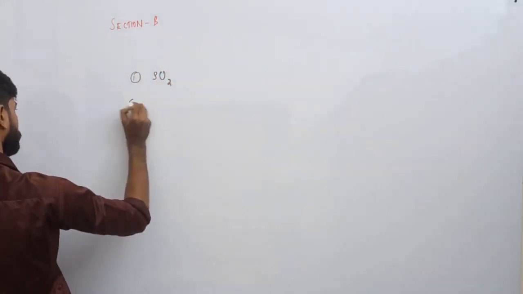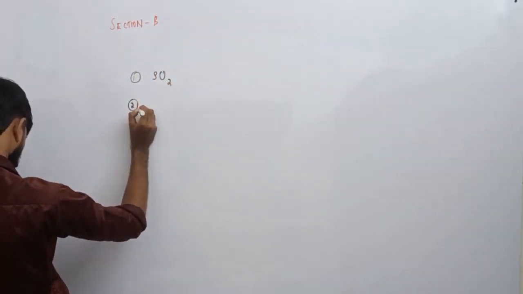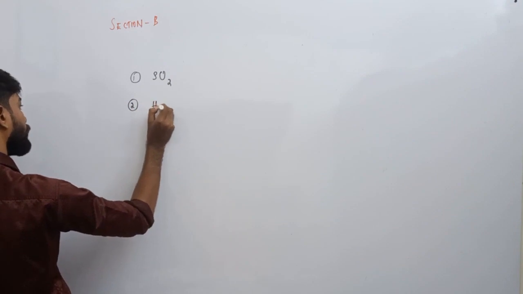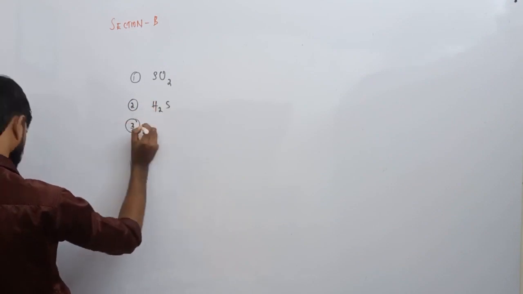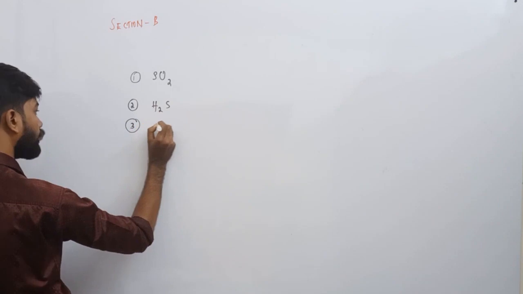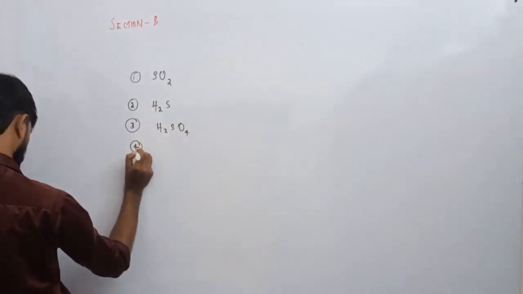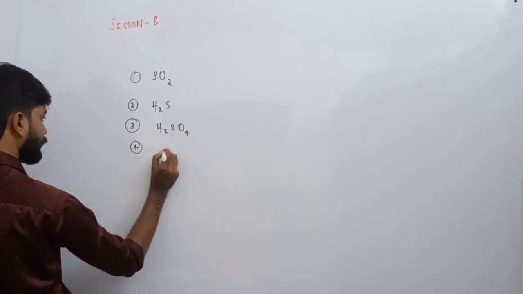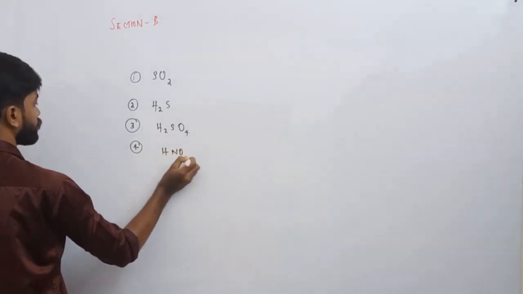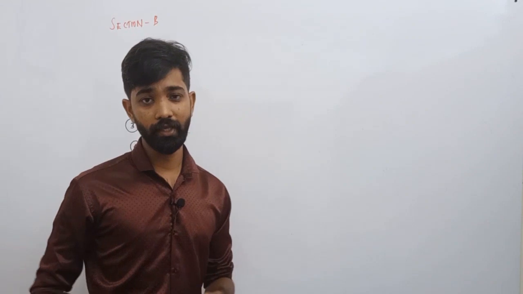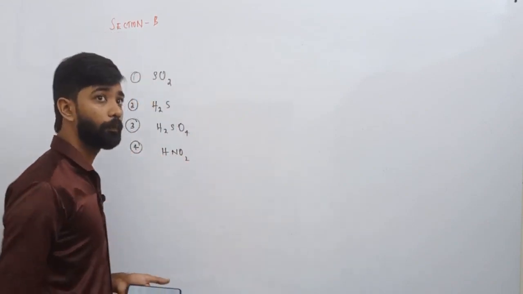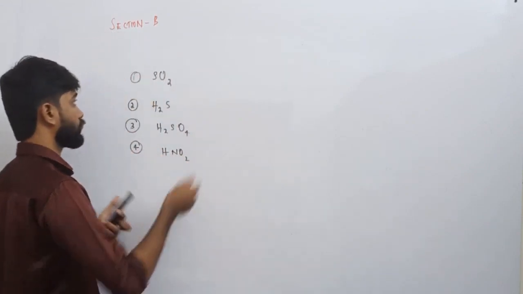SO2 here, H2S here, H2SO4 here, HNO2 here. For a species to be an oxidizing agent, it should exist in a higher oxidation state.